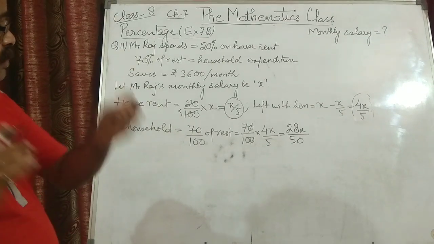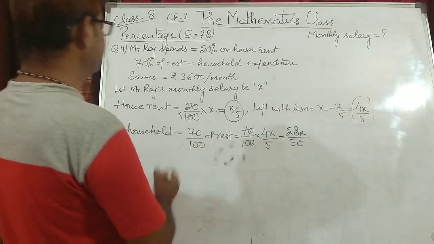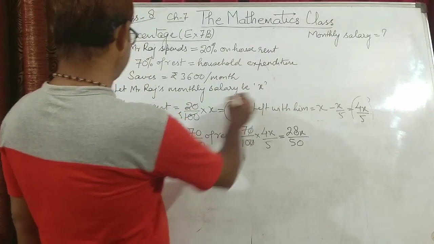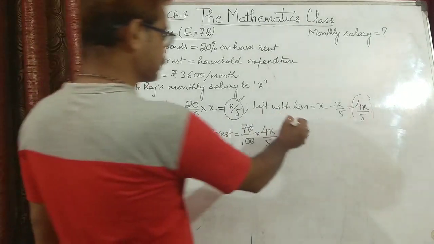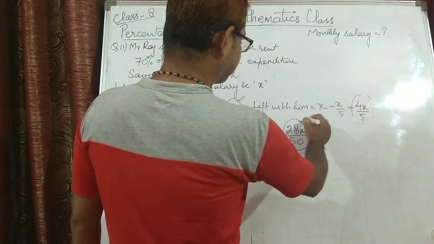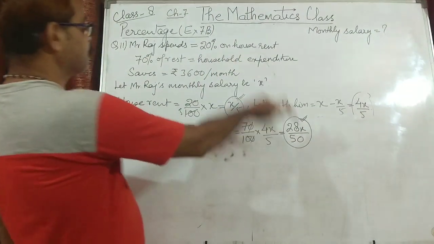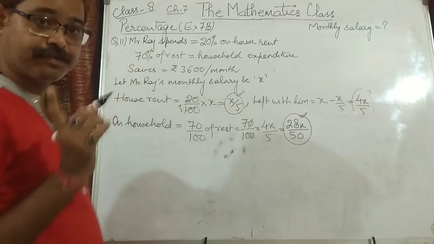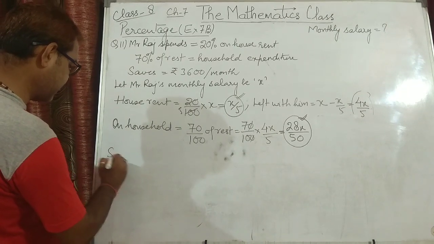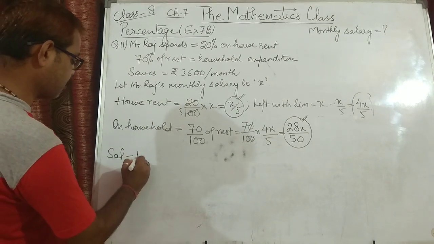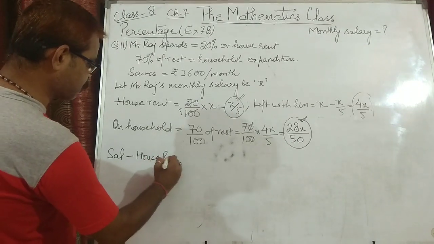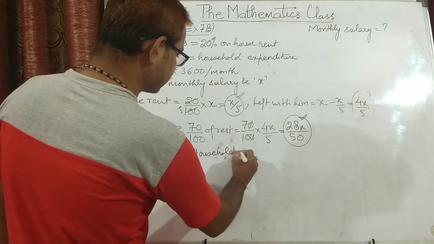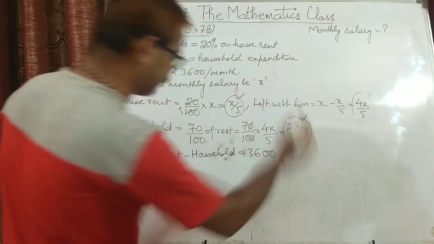Now the total salary minus this value, house rent, and minus household expenditure. After subtracting these two values from his total salary, still how much does he have left? 3,600 is left with him. So salary minus house rent minus household, that is, still he has rupees 3,600 left with him.